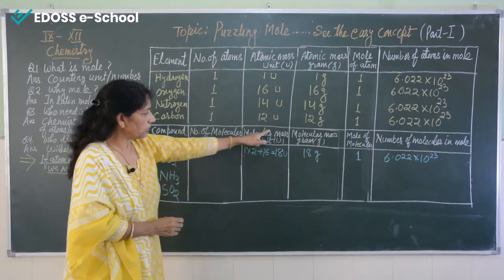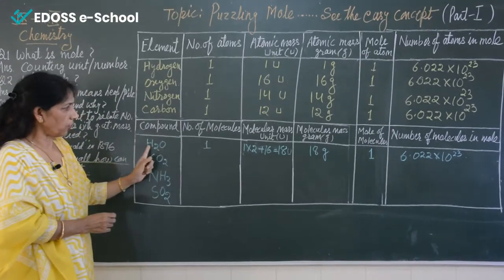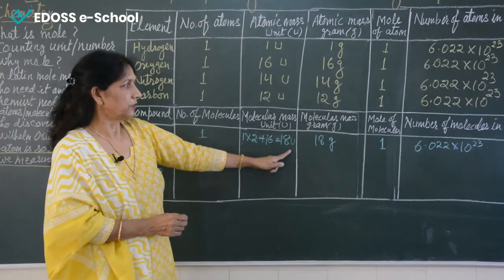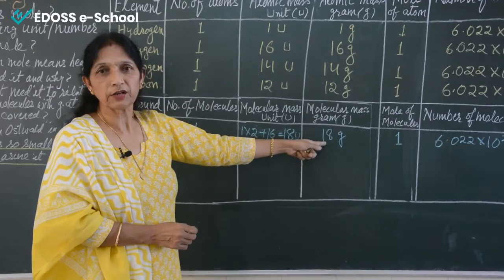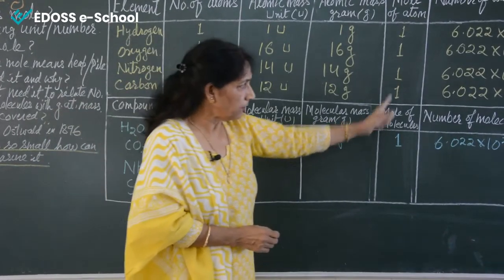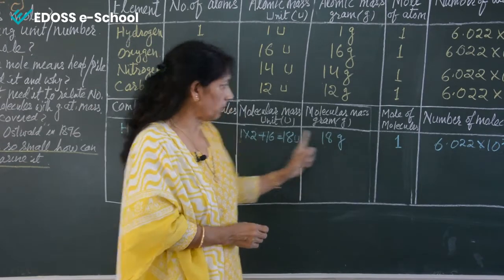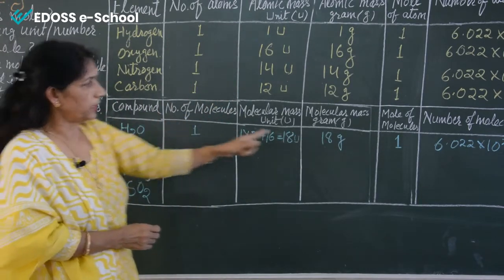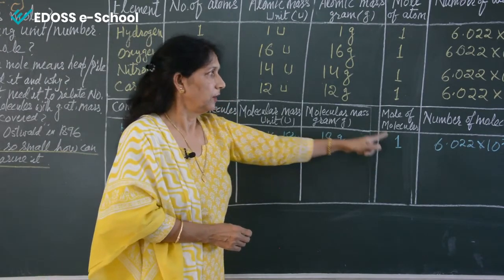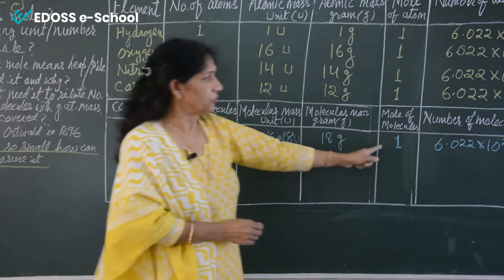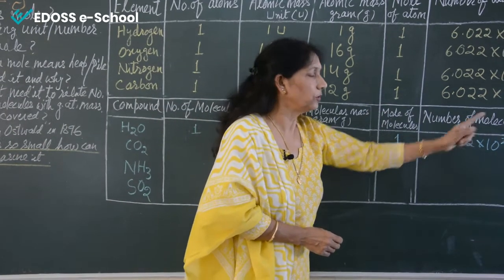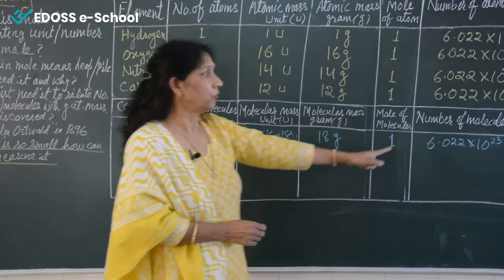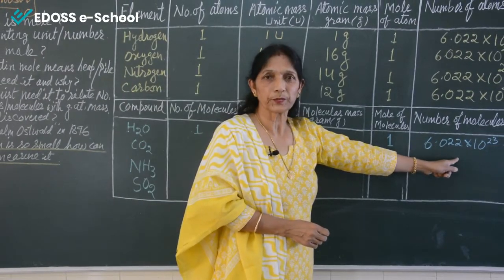So the molecular mass of 1 molecule of water is 18 unit, and the gram molecular mass will be the same, 18 gram. And 1 molecule of H2O contains 1 mole, and the number of molecules in 1 mole is 6.022 into 10 raised to power 23 molecules.